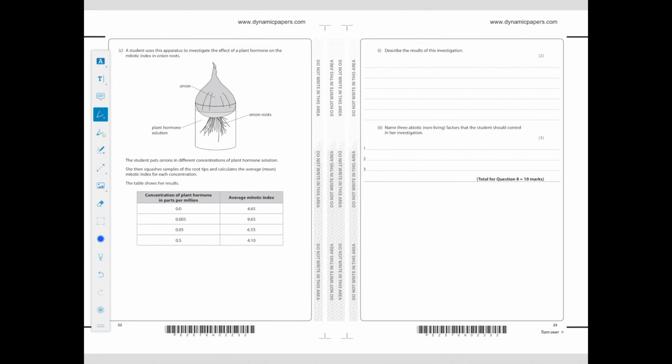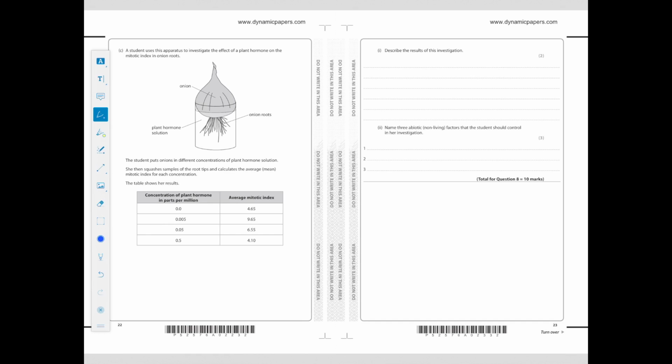C. A student uses this apparatus to investigate the effect of a plant hormone on the mitotic index of onion roots. The student puts onions in different concentrations of plant hormone solution. She then squashes samples of the root tips and calculates the average mean mitotic index for each concentration. The table shows her results. Describe the results of this investigation. So again, have a look in that table, say what you see, and we can clearly see that when there's 0 concentration of plant hormone, you still get some mitosis.